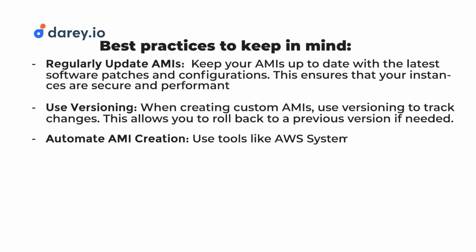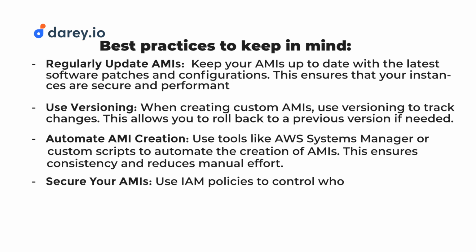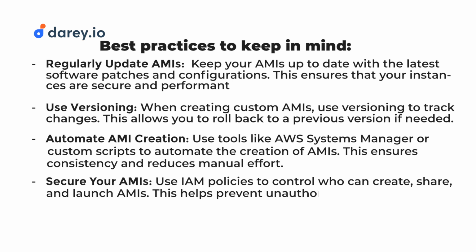Automate AMI creation. Use tools like AWS Systems Manager or custom scripts to automate the creation of AMIs. This ensures consistency and reduces manual effort. Secure your AMIs. Use IAM policies to control who can create, share, and launch AMIs. This helps prevent unauthorized access to your AMIs.